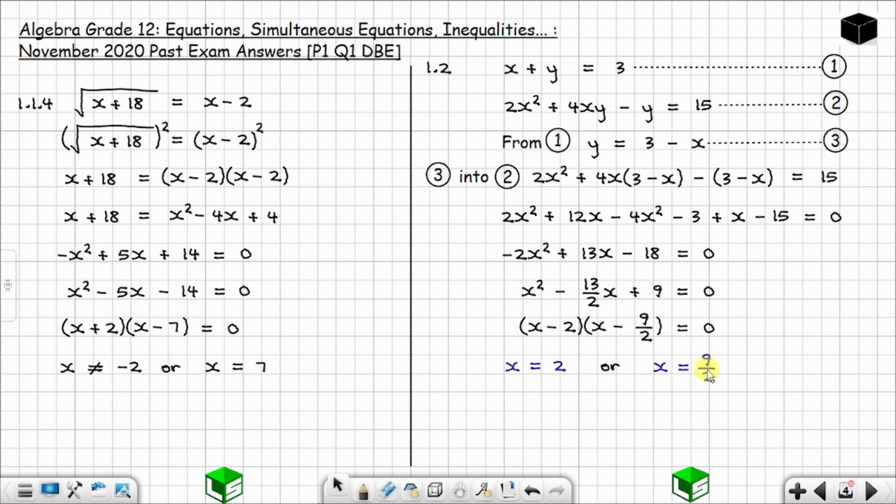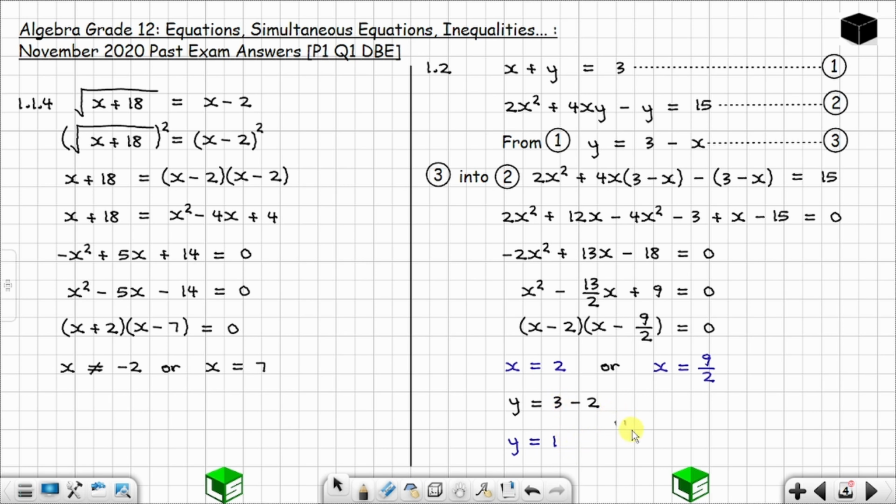Okay. Now you need to find your y. To find your y, you use this. So y is equal to 3 minus x. Let's start with x being equal to 2. So y is equal to 3 minus 2, which is 1. You can see.